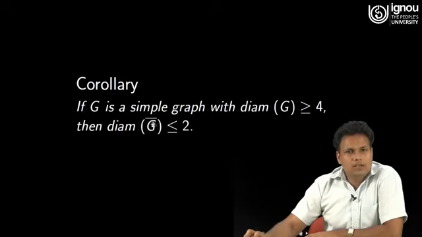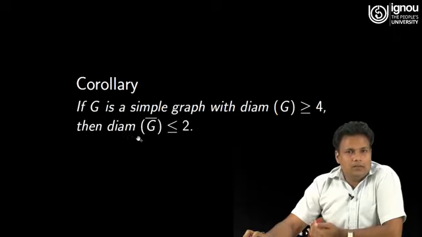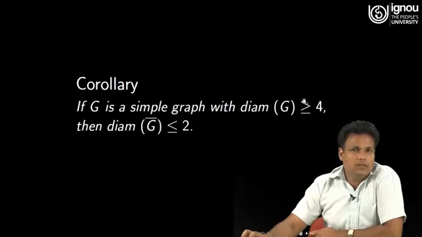Suppose the diameter of G bar is not less than or equal to 2, then what happens? Diameter of G bar being greater than or equal to 3 means the diameter of G double bar, which is G, becomes at most 3, and this contradicts the hypothesis, because we are given that the diameter of G is greater than or equal to 4.